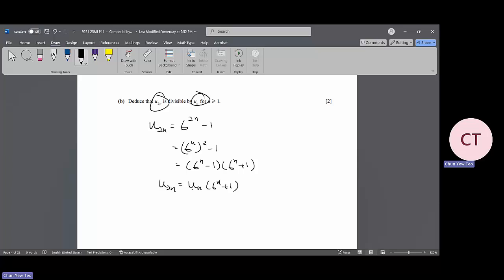Okay, just like that. Therefore, U2n is divisible by Un for n greater or equal to 1. That will be the answer for number 3b.